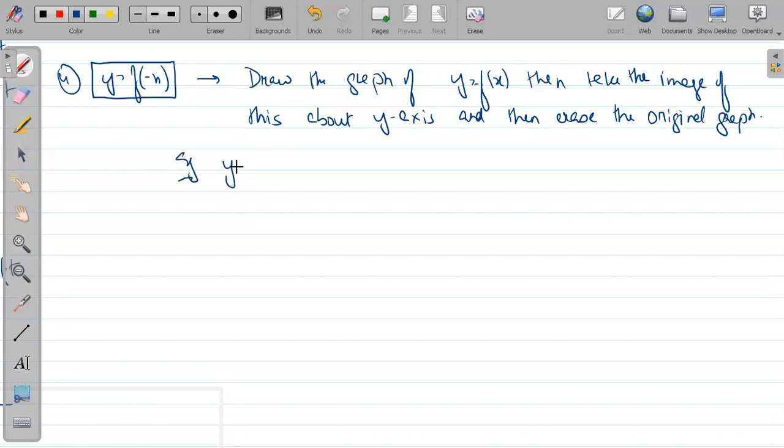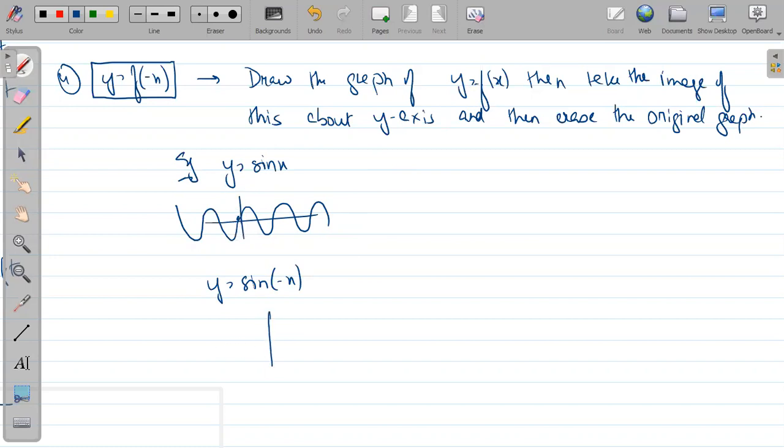Suppose y equal to sin x is there. This is the graph of y equal to sin x. Now we have to find the graph of y equal to sine of minus x. Like every x is replaced by minus x. What you have to do, take the image of this graph about y-axis.